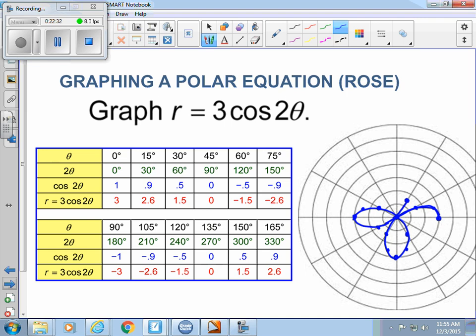What about 270? Negative 3. Could you probably finish the picture at this point? I don't know. 300. Negative 1.5.